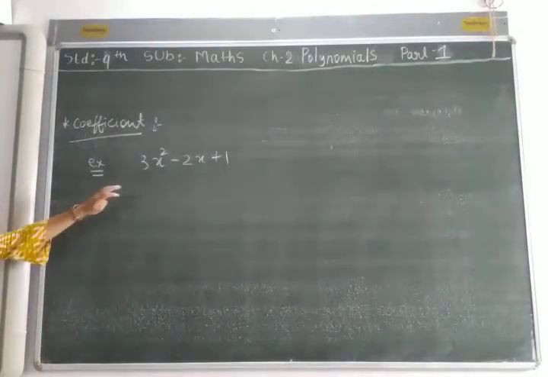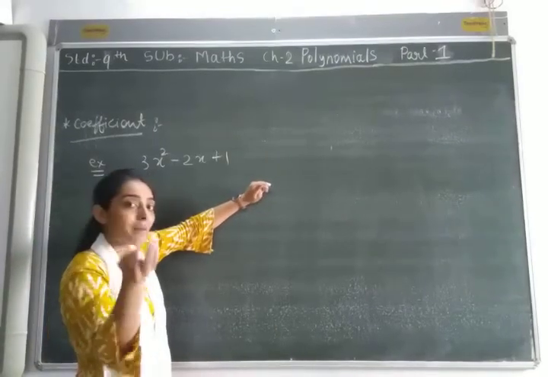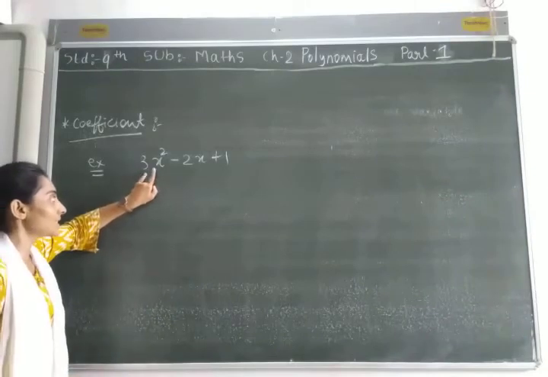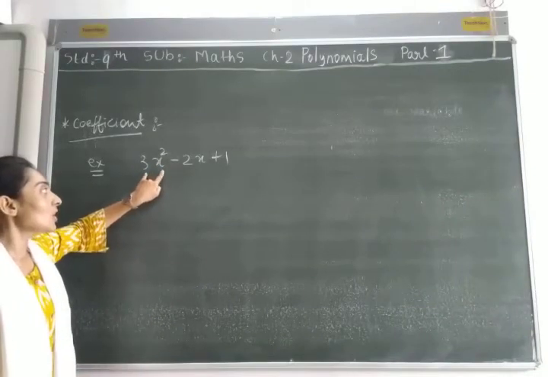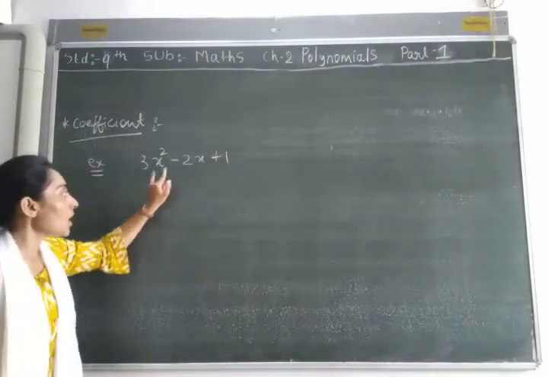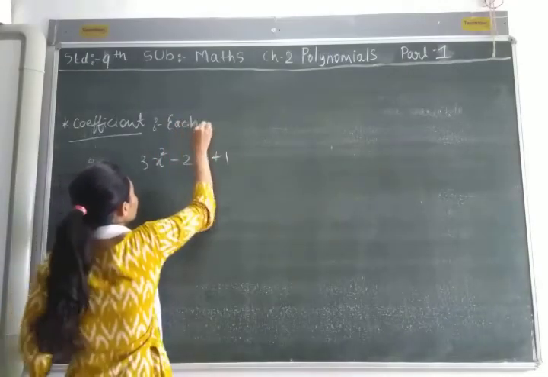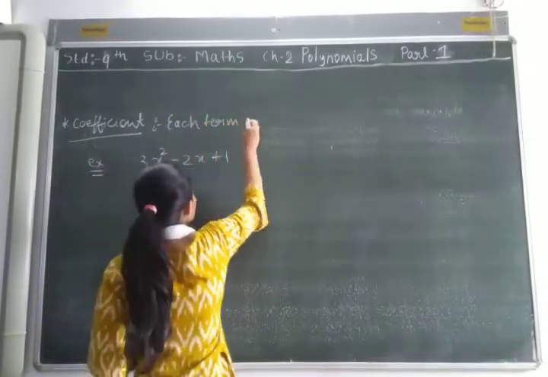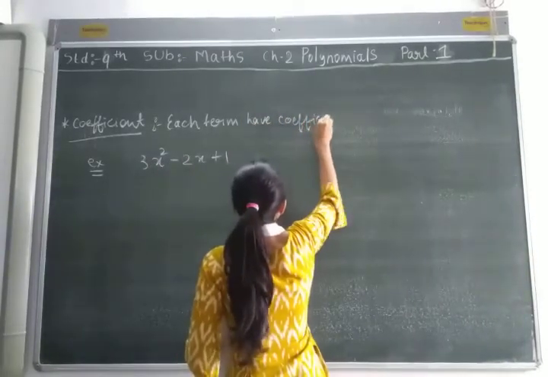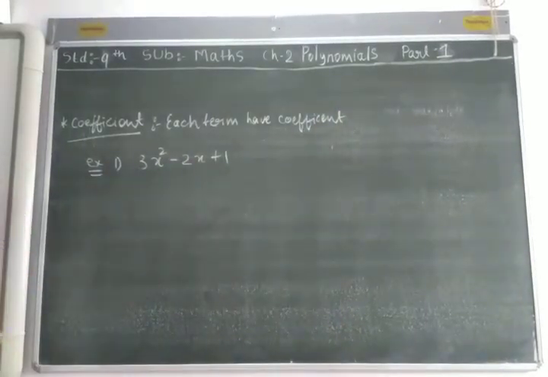Can you identify how many terms are there? There are 3 terms. My first term is 3x square, second term is 2x, and the third term is 1. Each term has a coefficient.